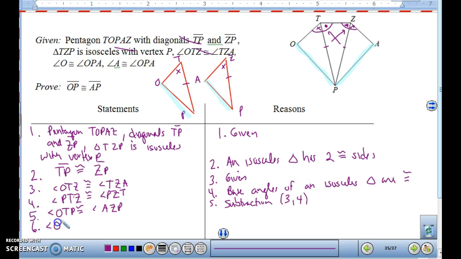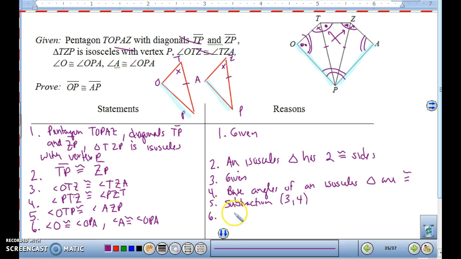We have angle O is congruent to angle OPA. This angle here is congruent to this angle here. Let me do it this way. This angle is congruent to that angle, and then angle A is also congruent to that angle. Well, can't we use substitution on that? They're both equal to OPA, so they're equal to each other.